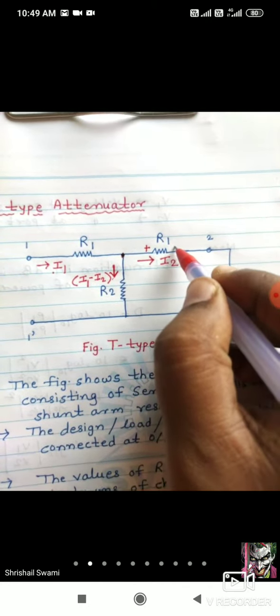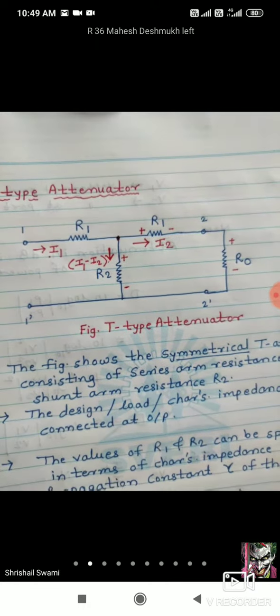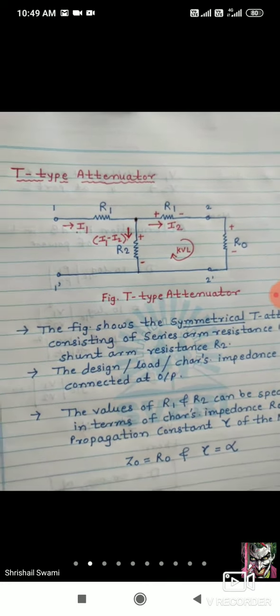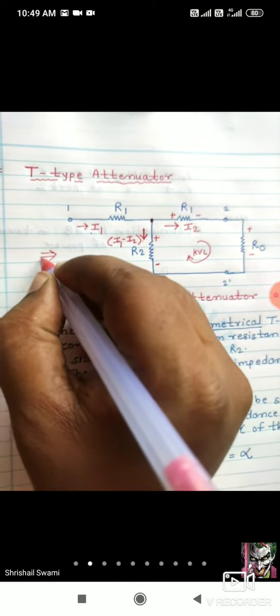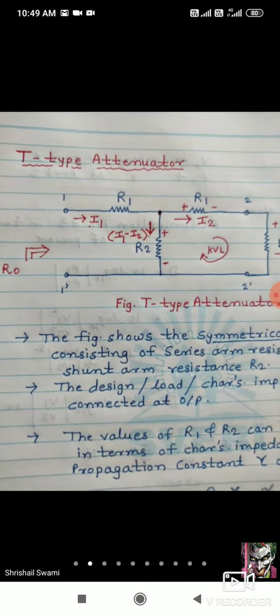Now according to this current, we can mark the polarities of voltage drop plus minus, plus minus. Similarly, according to this current, this is the plus, this is the minus. Understood? So what we are going to do now, apply KVL in this loop, and also you have to find out the total equivalent impedance, that is nothing but R0, that is same as the characteristics impedance.